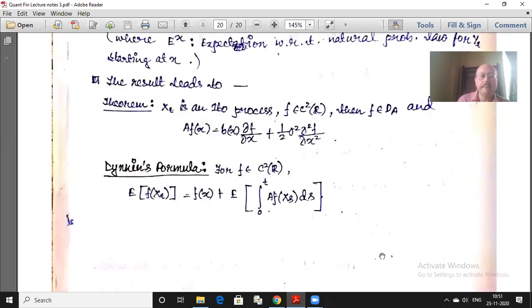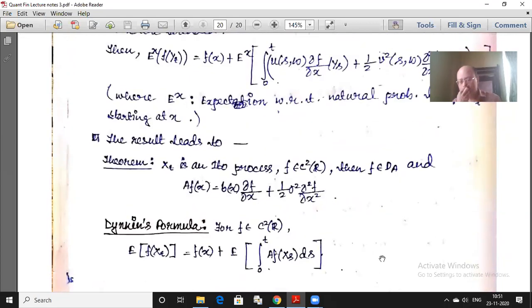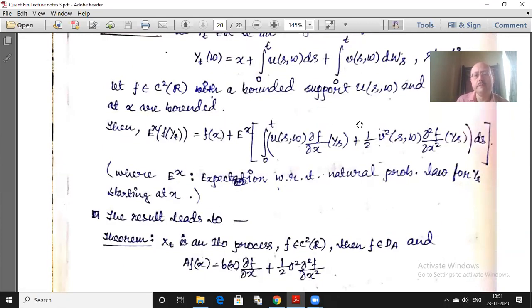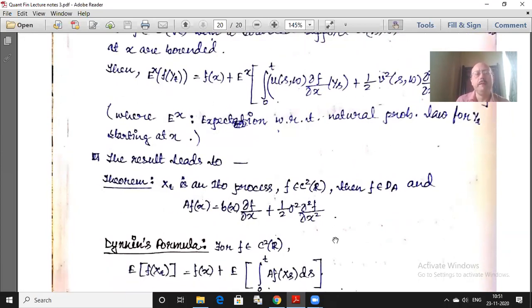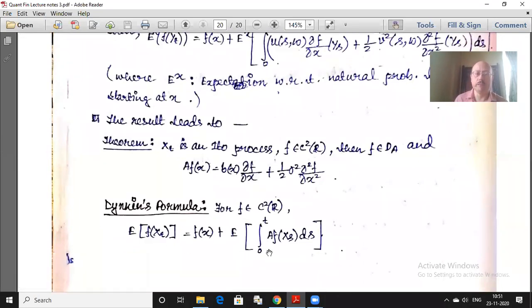And the generator result actually can be rewritten in an alternative form. So this is our original expression here, the expectation expression. And I know that I can actually write this inside in terms of this generator symbol. And that representation is known as Dynkin's formula.